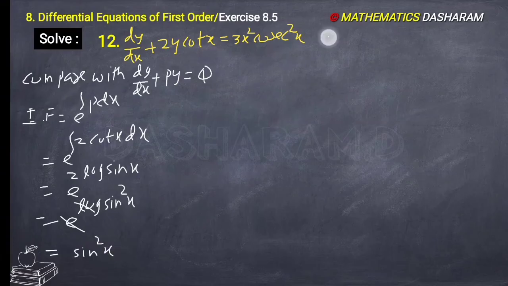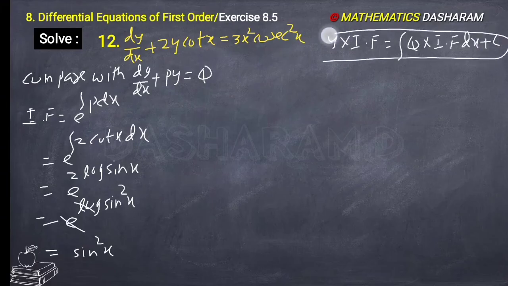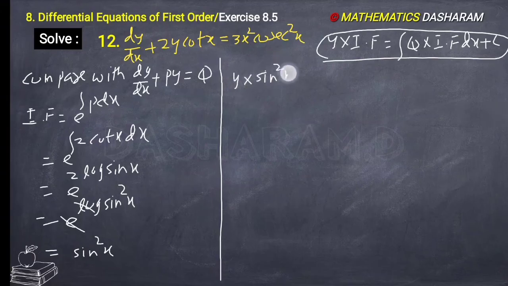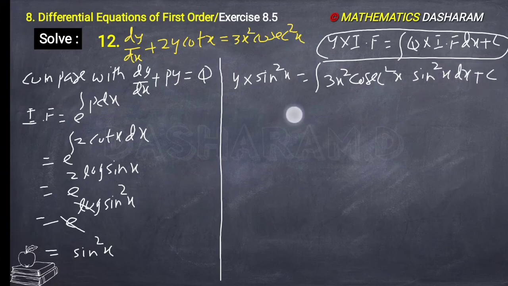So now the formula is y into integrating factor equals to integration of q into integrating factor dx plus c. So now y into integrating factor is sin square x, and the q value is 3x square into cosec square x into sin square x dx plus c.